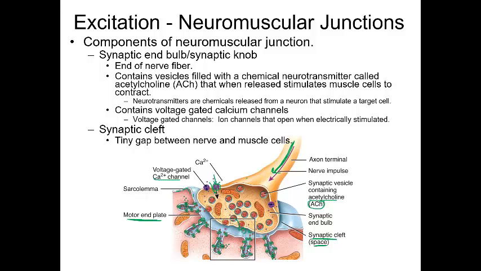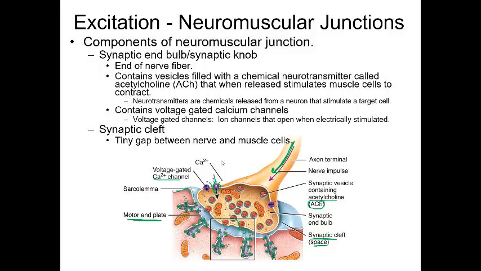Once it binds to these sodium ion gates, they open up. What do you think is going to happen when these sodium ion gates open up? All this sodium that's hanging out in the synaptic cleft is going to rush into the muscle fiber. All of it is going to rush into the muscle fiber.